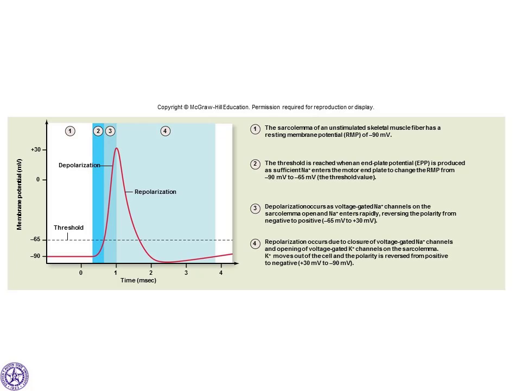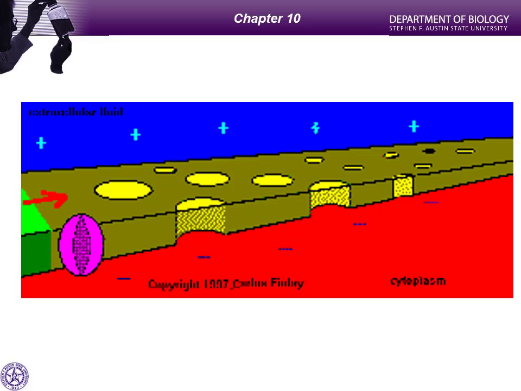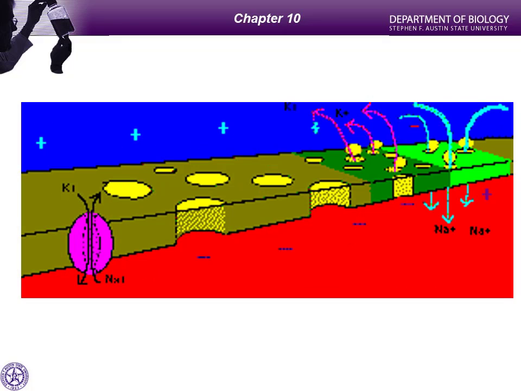That's going to be the same thing that happens in your neuron when we get to nervous system, that action potential. I wanted to spend a little more time doing that. And this little animation kind of shows you how the blue lines are our sodium coming in, the pink lines or the red are potassium going out, and you see how that continues to just flow down our membrane.